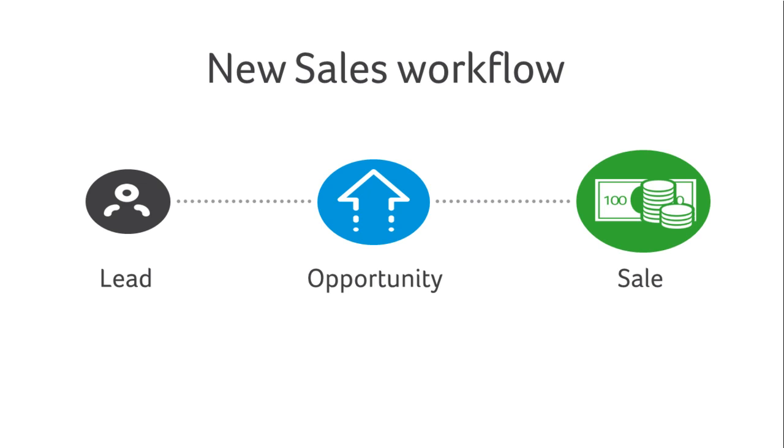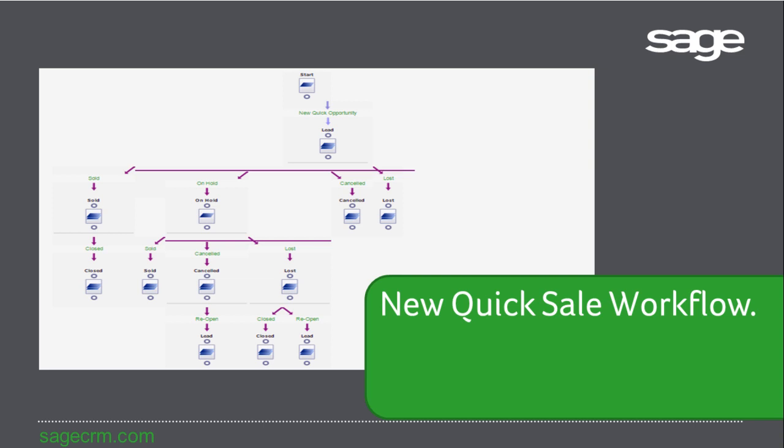There are additional workflows provided, so there's a new workflow, and if we have a look at this, we'll see that there's a new quick sale workflow. You'll need to know about this just to be aware that there's no potential clash. So you'll have a look at the quick sale workflow within the system.